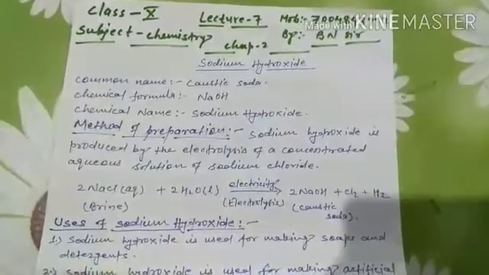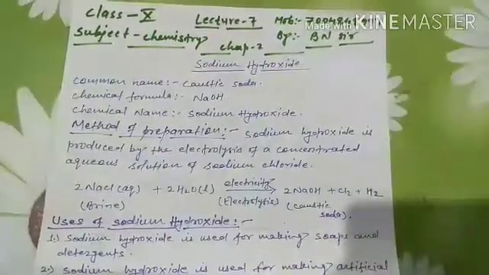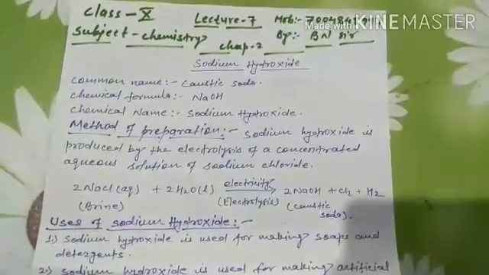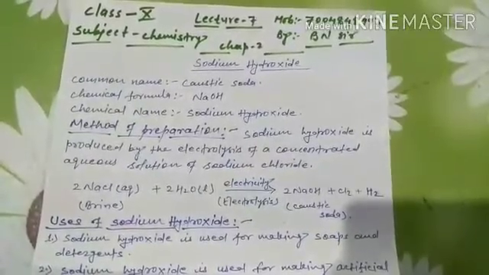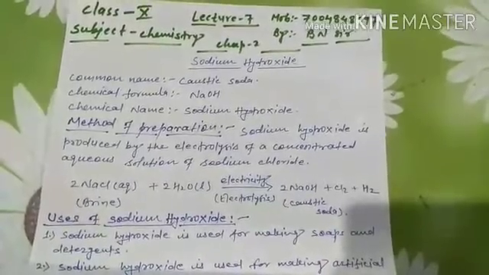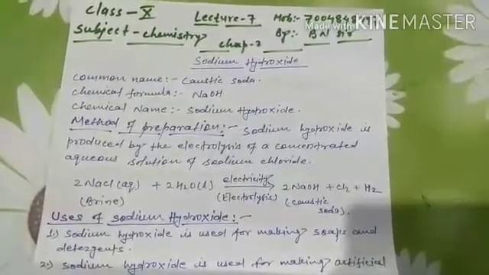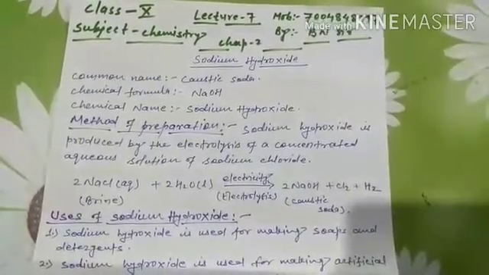Means when electricity is passing through aqueous solution of sodium chloride, then it splits into sodium hydroxide, chlorine gas and H2 gas. So in this way we can prepare sodium hydroxide.